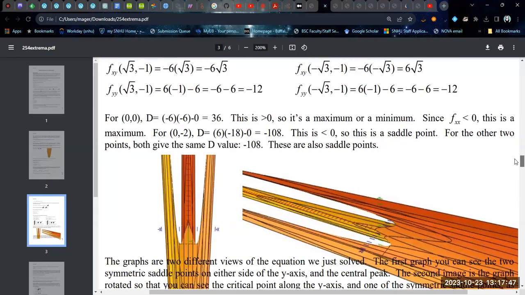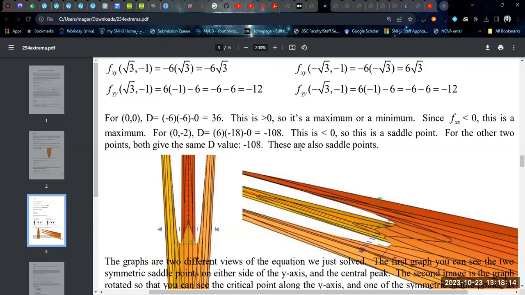So again, we're going to look at our values. For the (0, 0), we got a positive, so that is either a max or a min. For the (0, negative 2), I ended up with a negative 108, so this is a saddle point. For the other two that both give the same D value, that's this guy squared with the negative, so I'm subtracting it.